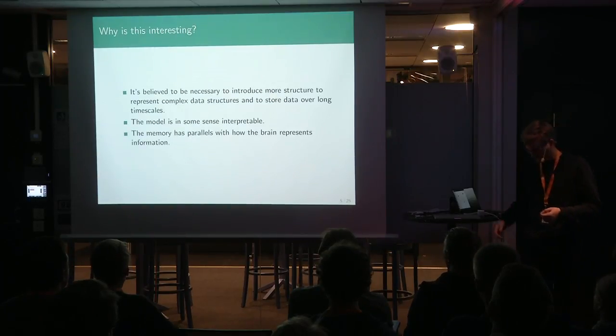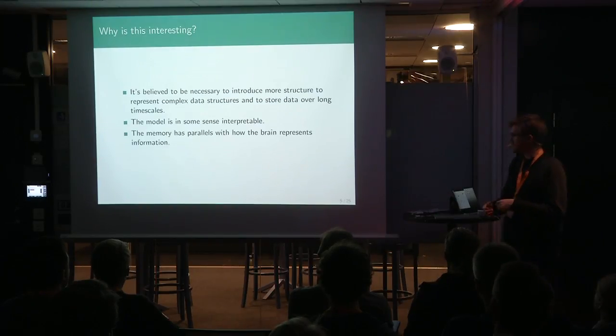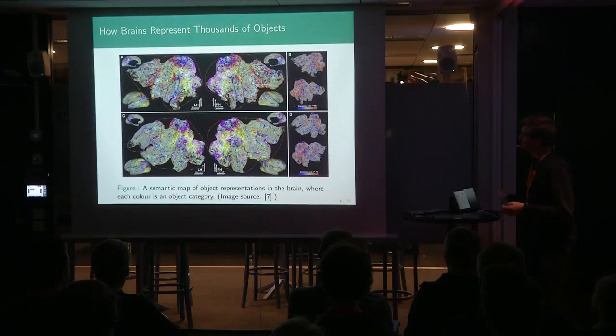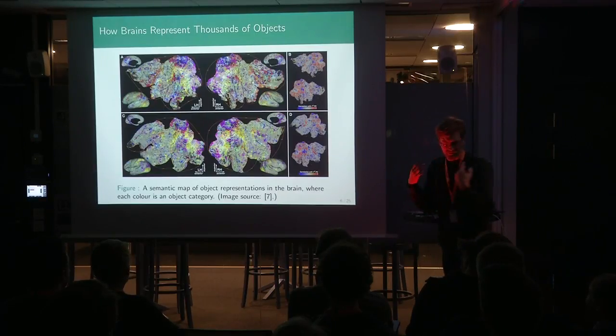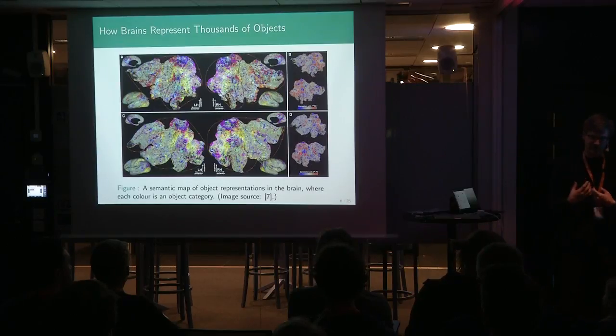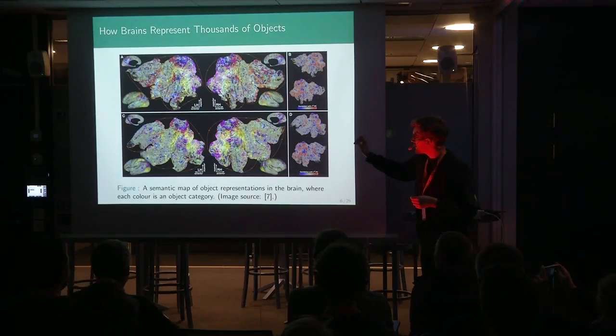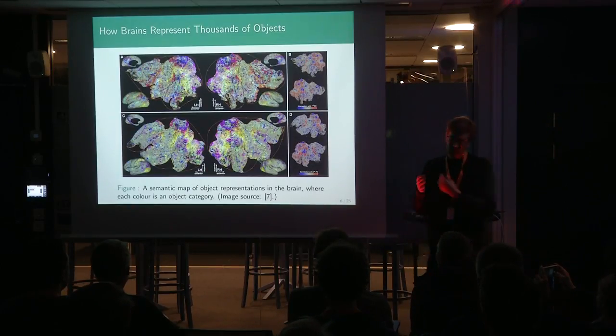And there are also some parallels with how the brain works. So I'll show you an image of the brain. This is a picture of how the brain represents objects. It's not like one specific region represents a car. Each color here is an object class.